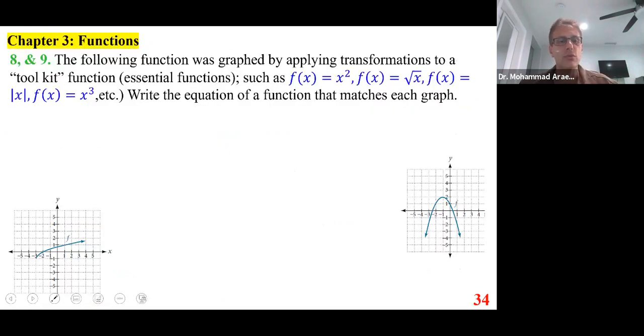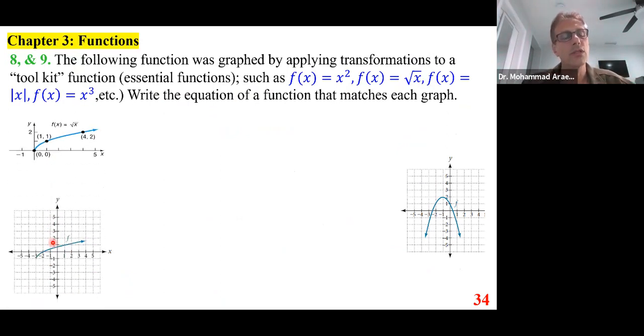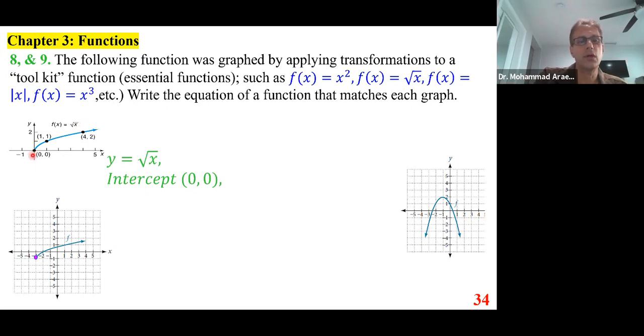Now we have two more examples and we want to see how to deal with them. Again, we are using these essential functions, the elementary functions, and we want to write the equation of a function that is given. When we look at the graph, we notice the original function y, or f of x, is square root of x, starting with the intercept at (0, 0).